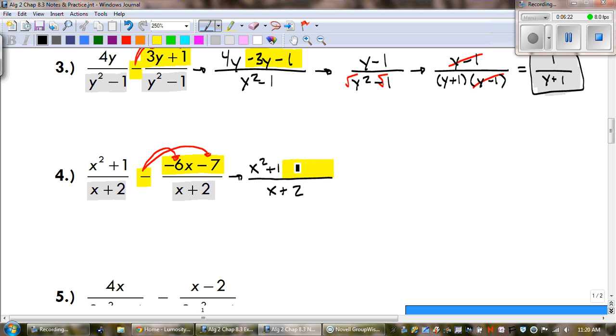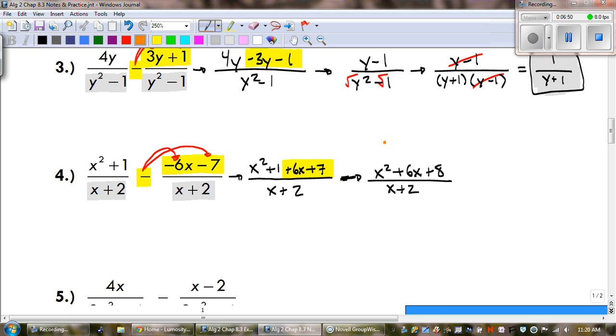Then that negative 6x is now a positive 6x, and that negative 7 is now a positive 7. Now I need to combine my like terms on the top. We have x squared, I'm writing this in standard form, plus 6x plus 8.